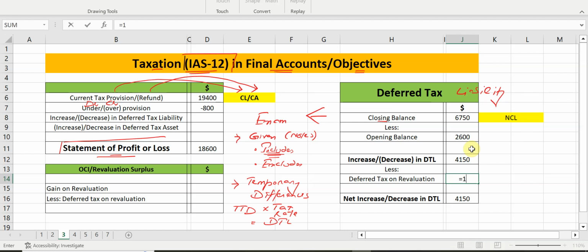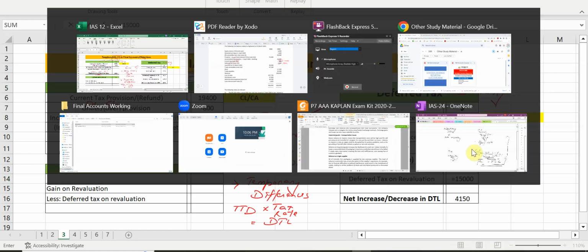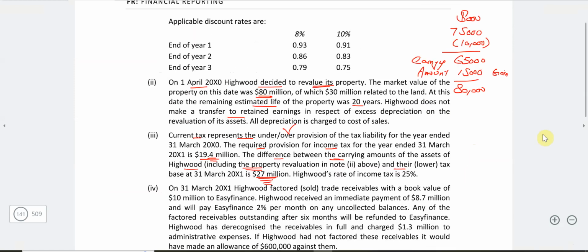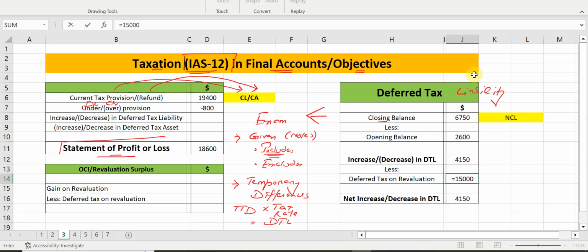The gain on the revaluation was 15,000, which we calculated earlier, and we multiply it by the tax rate of 0.25. The deferred tax on that gain is 25%, so it's 3750. So the net increase in the deferred tax liability is 400, that we are going to take over here.